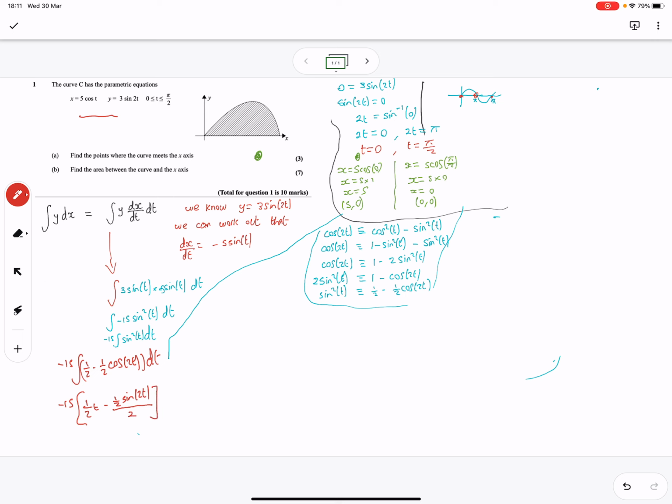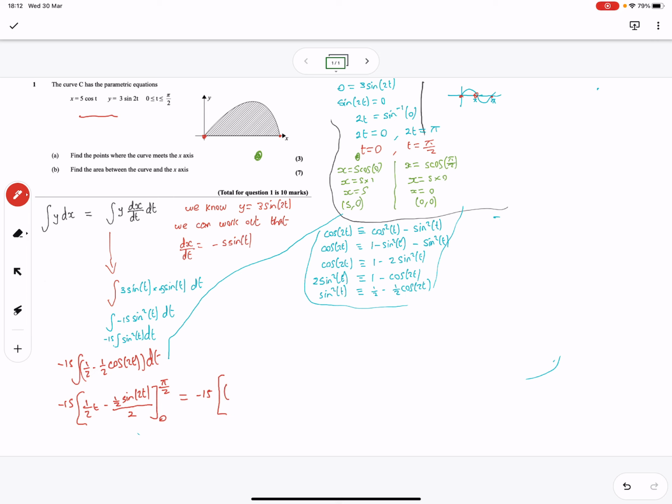And then the limits of integration, because it's for an area, we worked it out in part A. That's going to be between 0 and pi over 2. So that's minus 15 multiplied by, first of all, pi over 2 put in as a limit.